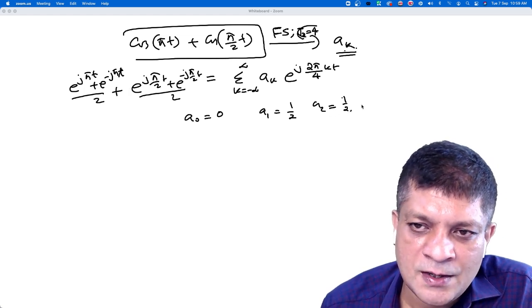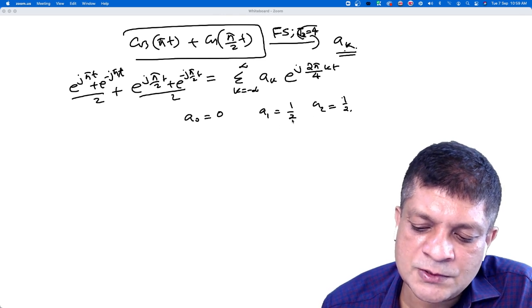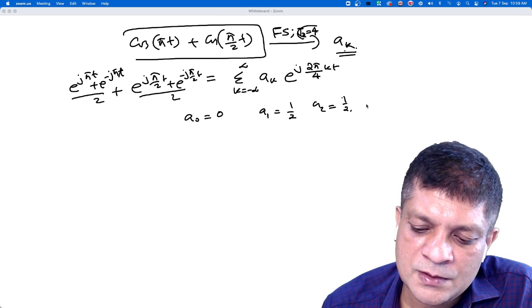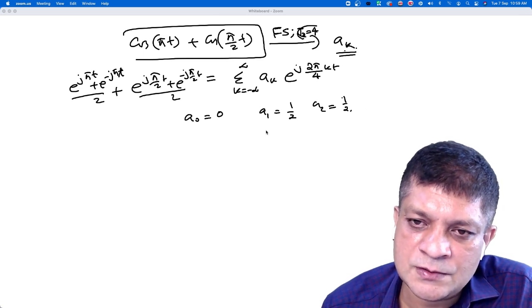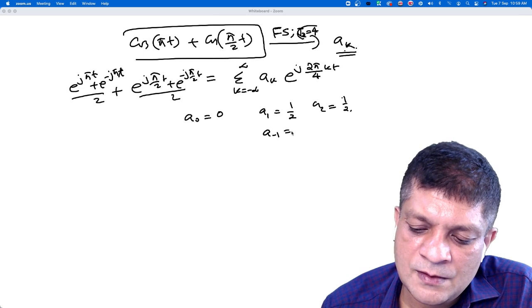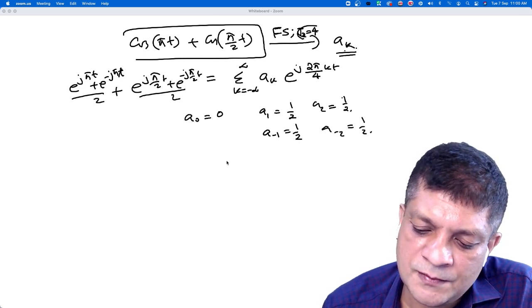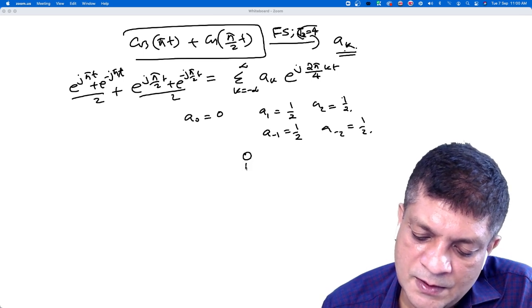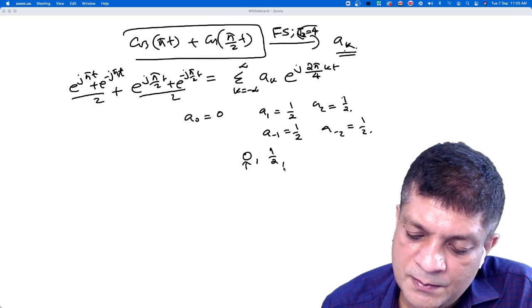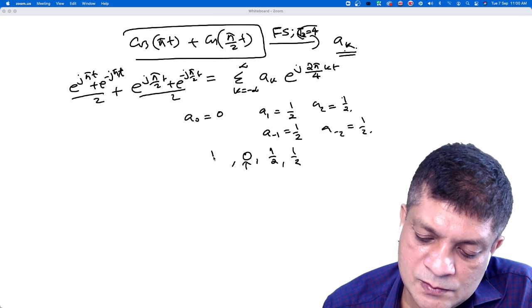Is there any other non-zero value for positive values of this k? No, sir. Then on the negative side, how many non-zero values? A minus 1 equals half. A minus 2 equals half. So can we simply denote it by 1 by 2, 1 by 2?